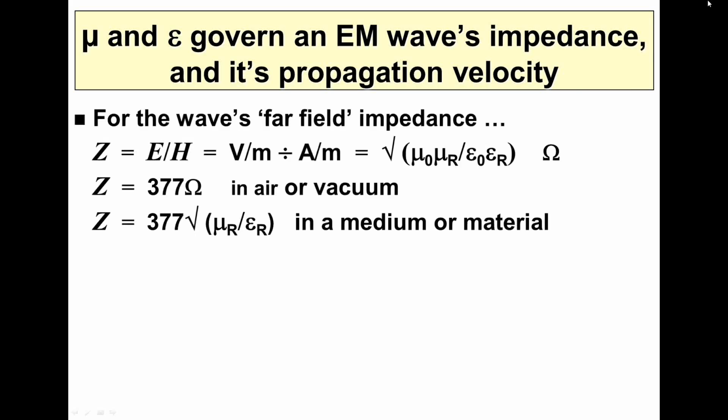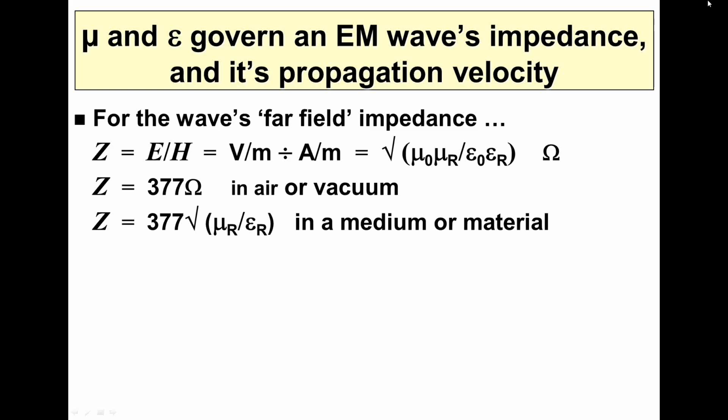In the far field, we'll look at near field, far field in a minute, the impedance of a wave is the ratio of its electric and magnetic fields. That's volts per meter divided by amps per meter, and the per meter cancels out. So the impedance of a wave in the air, or in the vacuum, is volts over amps, which means it has dimensions of ohms.